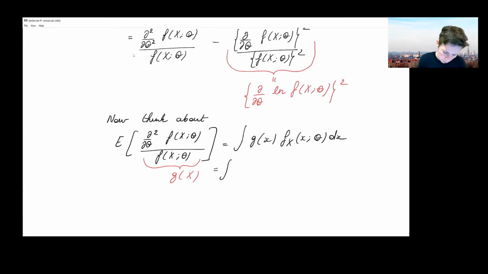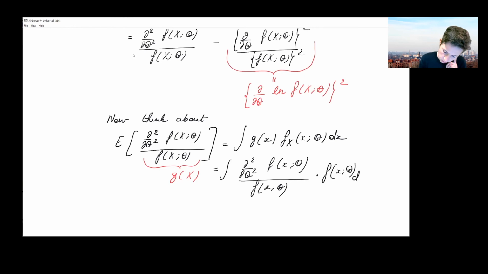So now let's plug in the expression that I've got for my function g. So that's my second order derivative. I'm going to divide by my density, evaluated in the value x. I'm going to multiply with the density evaluated in x, take the integral over all values x.